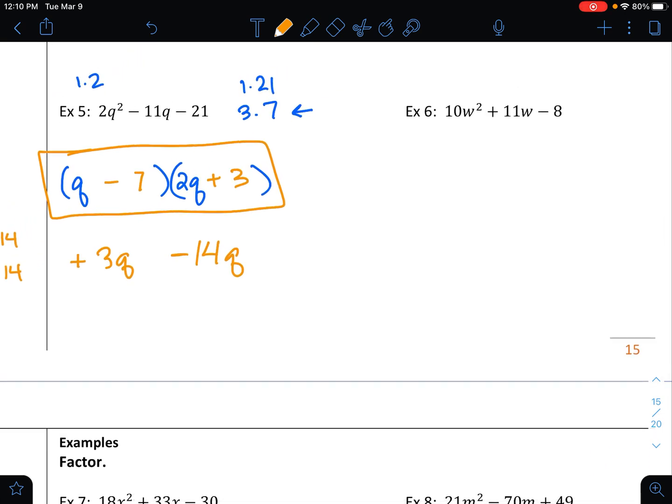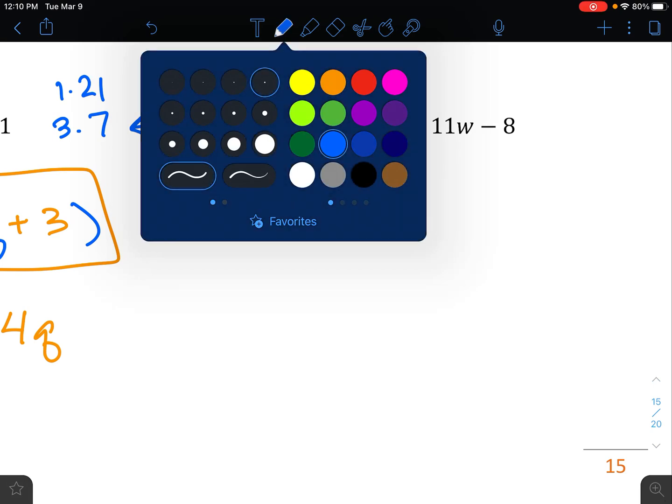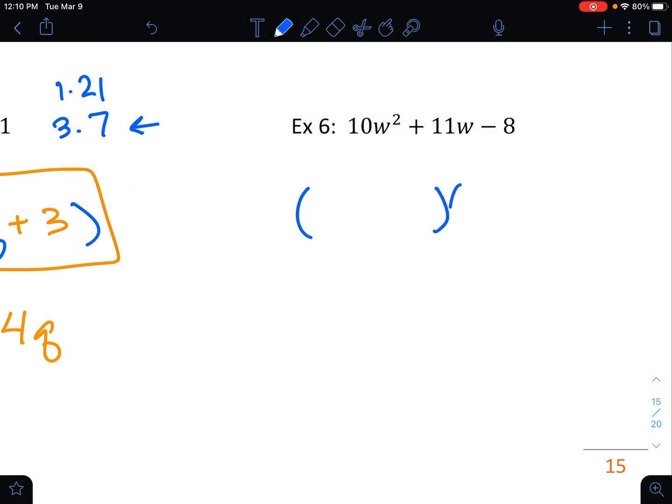Okay, number 6. All right. So factors of 8. 1 times 8, 2 times 4. Factors of 10. 1 and 10, and 2 and 5. So let's start at the bottom of both lists.